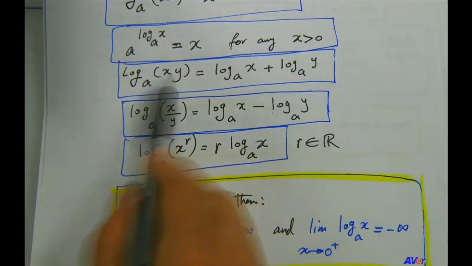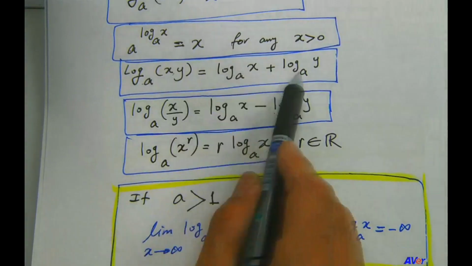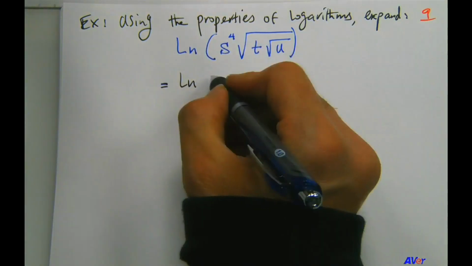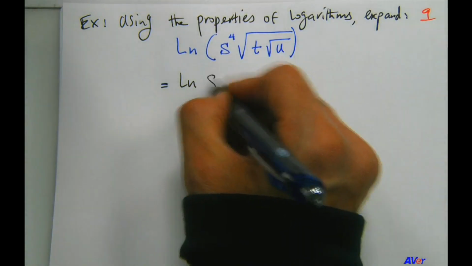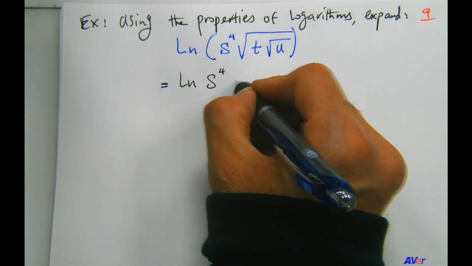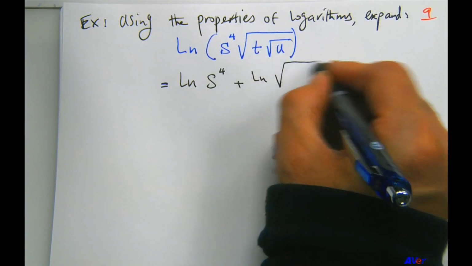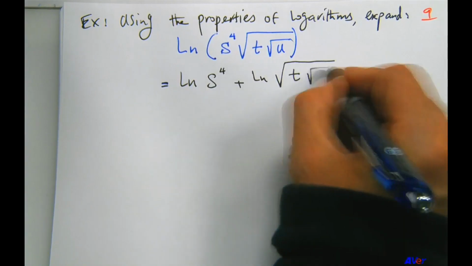The multiplication problem can be changed to an addition problem, right? Let's do that. So we say natural log of s to the 4 plus natural log of all of this, like that.